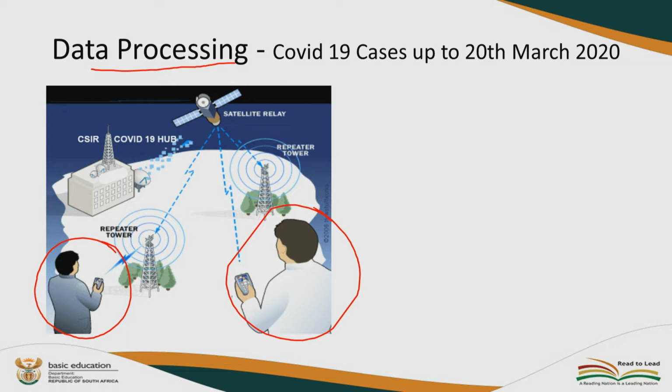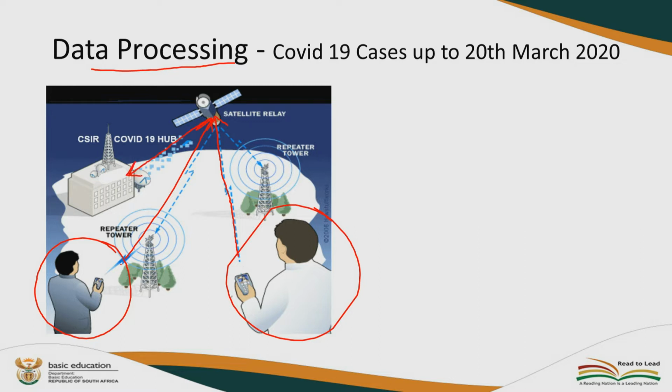Are they increasing their temperature rates? Are they ensuring that social distancing is at a maximum? Good. So, once captured, this information is then transferred onto a device like a satellite. A satellite then transfers that information back to our COVID hub.